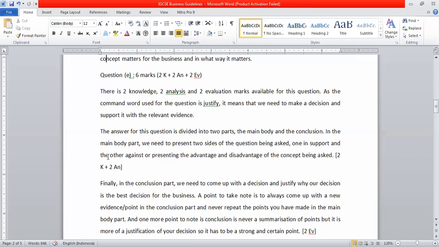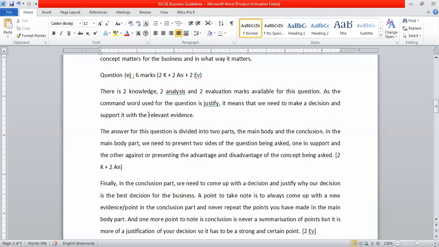You will know why when I explain what is being asked here. So again, to restate, there are 2 knowledge, 2 analysis, and 2 evaluation marks available for this question.